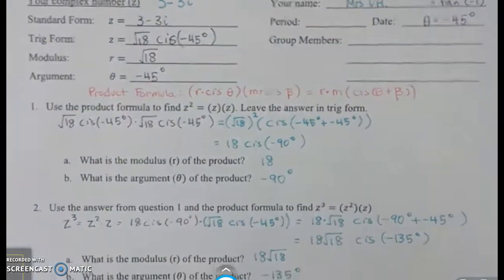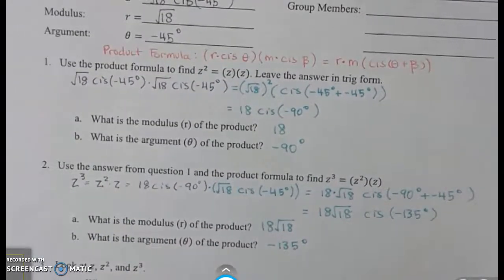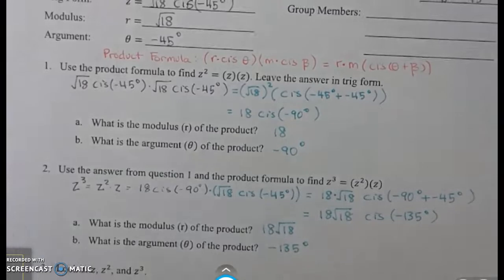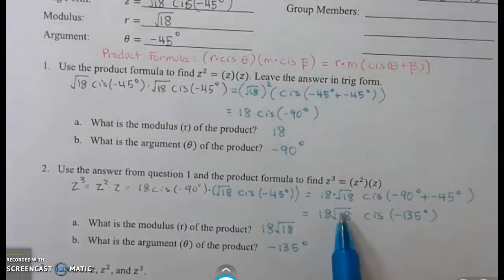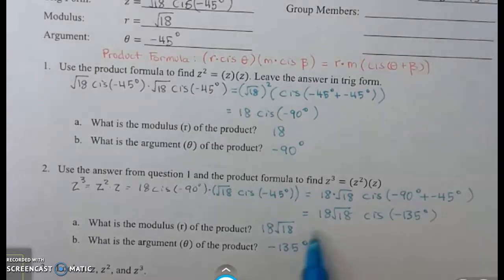And what pattern do you see for the modulus? Okay, with the modulus, you are just raising the modulus to a power over and over again. So in this case, with the z squared, we just squared the modulus. So square root of 18 squared became 18. Z cubed was, with the modulus, we were raising it to the power of 3.